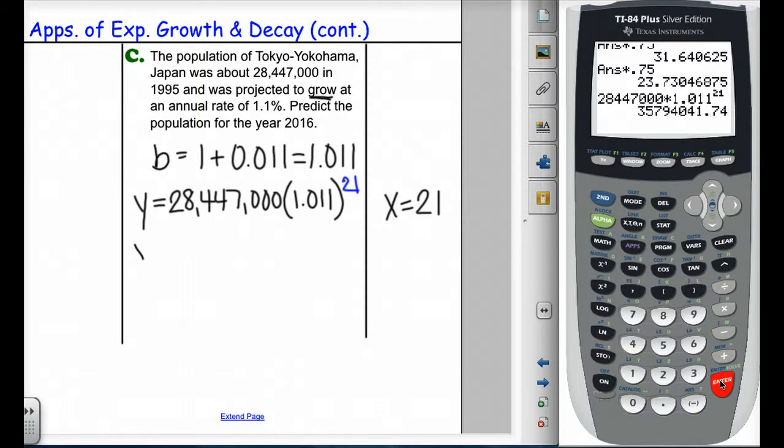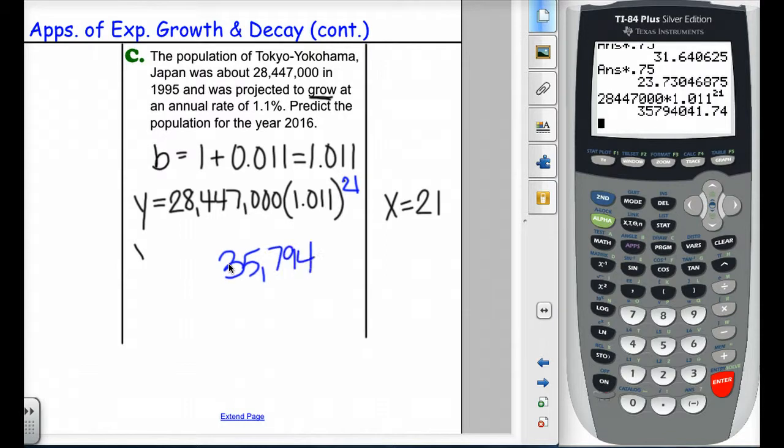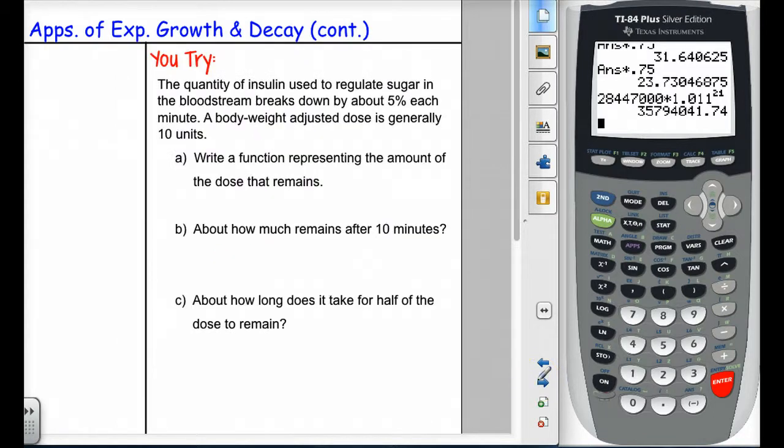We hit enter, and we get 35,794,041.74, so we'd say 042 because you can't have 0.74 of a person. So people. Your job now is to go ahead and give this You Try Problem a shot, enter your answers into Edpuzzle, and as always, bring your questions with you to class tomorrow.